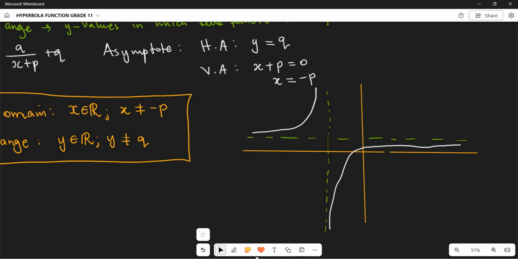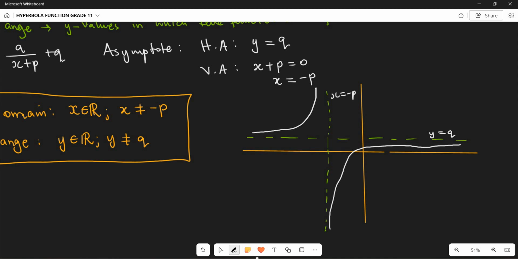So therefore, that tells us about discontinuity of the graph. So therefore, I can't draw it without lifting my hand. So that means there is a restriction. What are those restrictions? That x is not equal to negative p. I'm talking about left and right, so that will be affected by the x values.